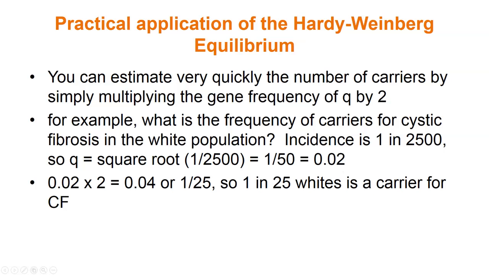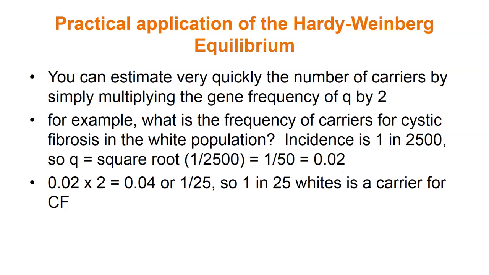But here's another one, and this is a real-world scenario, cystic fibrosis. Let's just go through it. The incidence happens to be about 1 in 2,500. Luckily for us, 2,500 is an even square root. So the square root of 1 over 2,500 is 1 over 50. And then I told you all you got to do is take that and multiply it by 2. 1 over 50 times 2 is 2 over 50, or you can reduce that to 1 over 25.